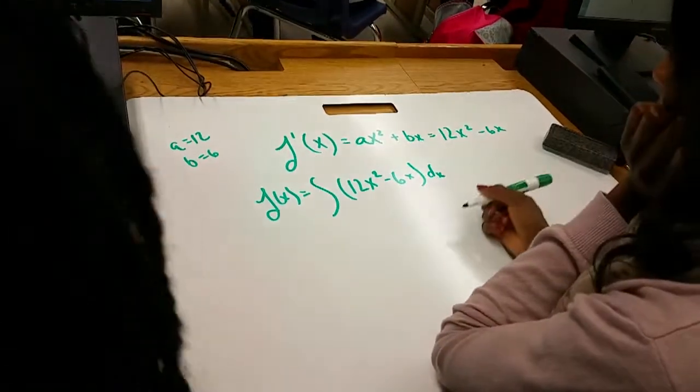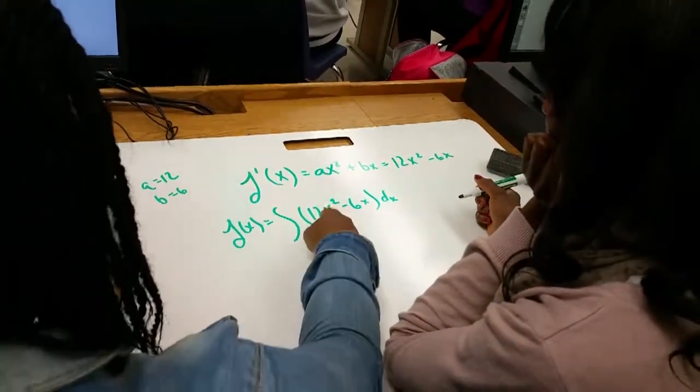To say that the answer is simply the antiderivative of 12x squared minus 6x without a plus C is incomplete. Remember, when you anti-differentiate, you don't get a unique answer. The plus C could be anything. Now you've got to figure out C. There's another given.